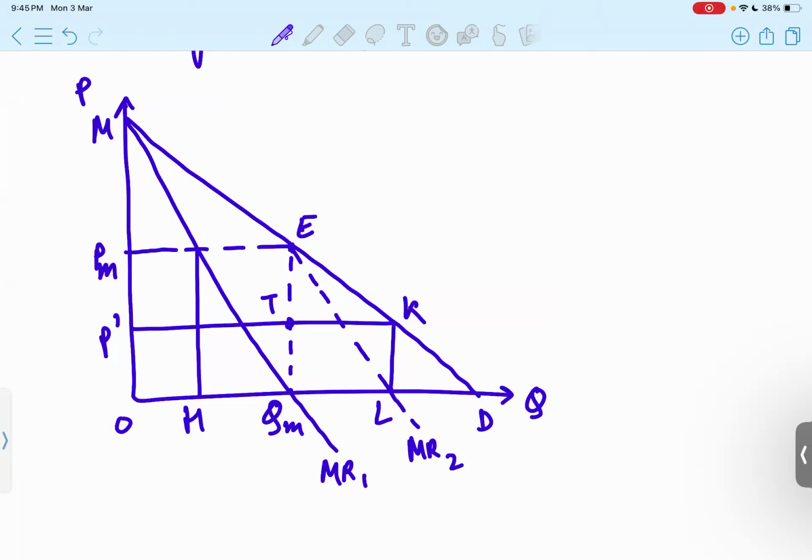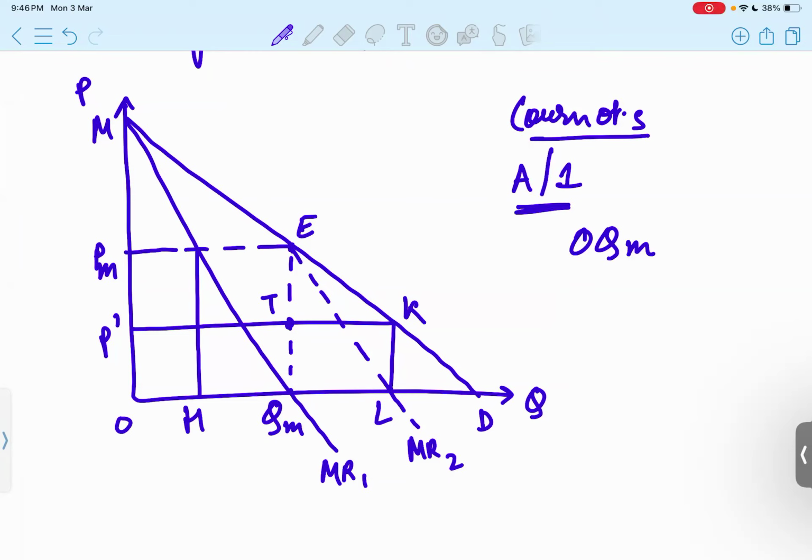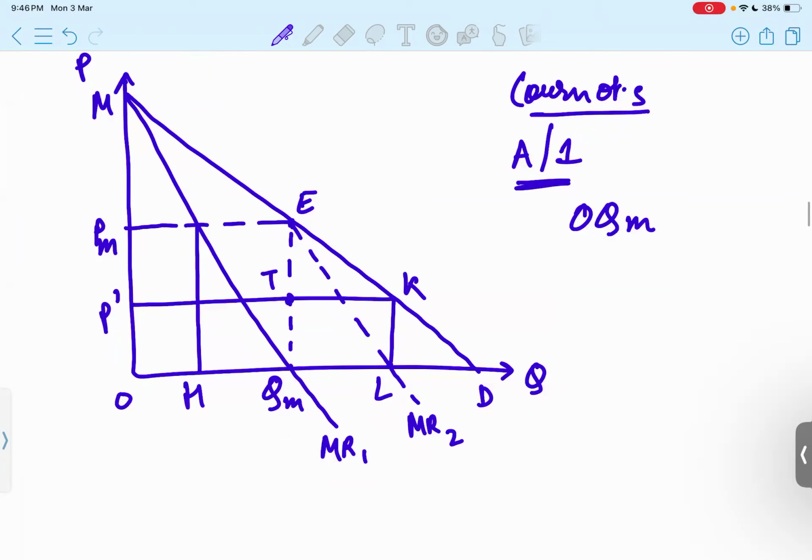As under the Cournot model, we see that only one firm first enters the market. Suppose firm A, or firm 1, is entering, and it decides to produce OQM level of output, because again it is the only single player. Obviously it will try to maximize its profit, which is at the monopoly level of output.